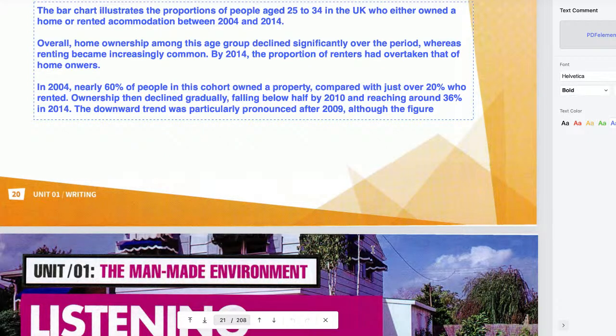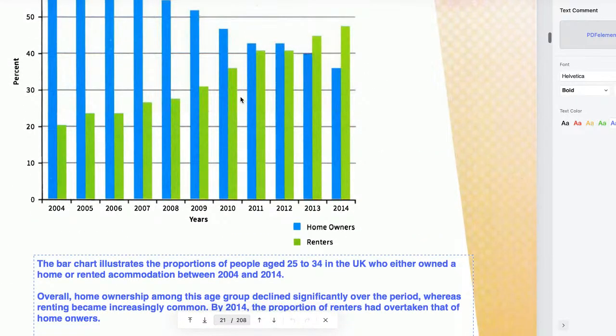How can we say it stayed stable? Yeah, remained steady. Remained with ed, okay? Remained steady. At how many percent?